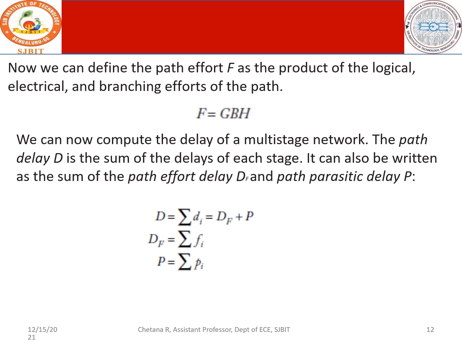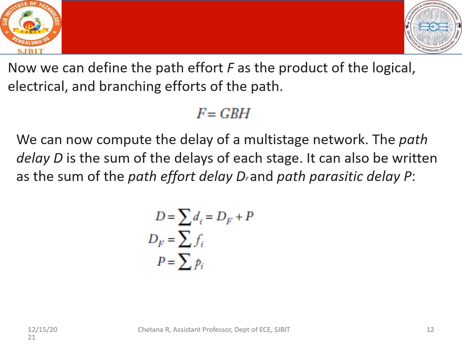And then we can now compute the delay for a multi-stage network. The delay is given by D, which is the summation of Di, where Di is Df plus P. So the path delay D is the sum of the delays of each stage.